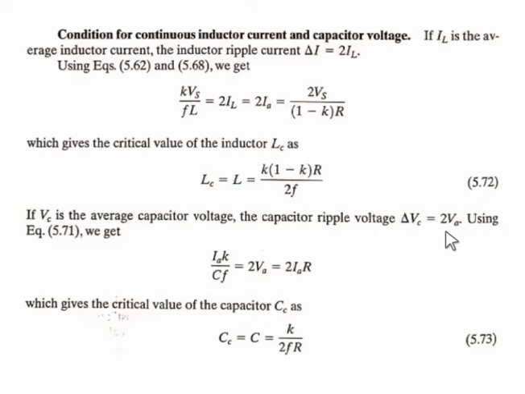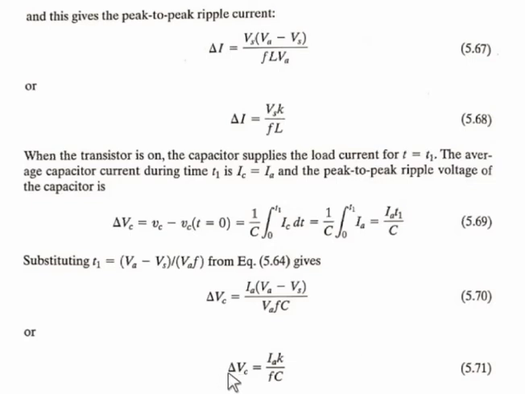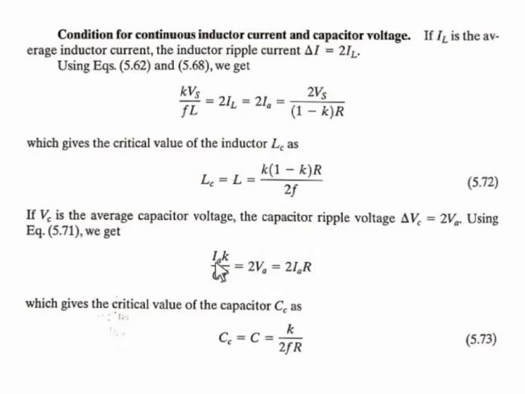So using equation 5.71, delta Vc equal to IAK by FC, equal to twice VA, equal to IAR.